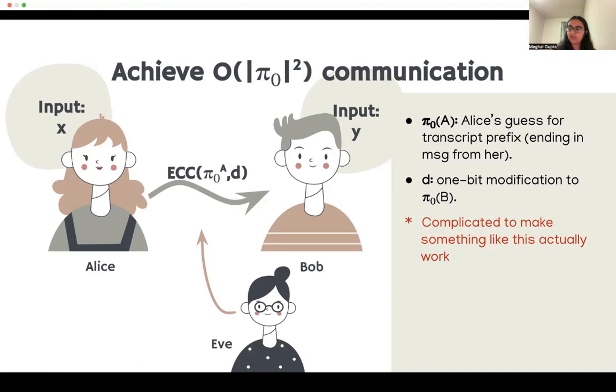So this idea of a transcript is common in interactive coding, but the modifications for how to adapt Gupta and Zhang's 2022 idea into this transcript setting are a little bit weird. And it's a little bit complicated to make something like this actually work, even though I'm not really explaining the details in this talk.